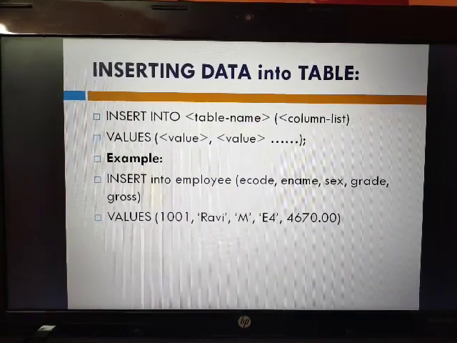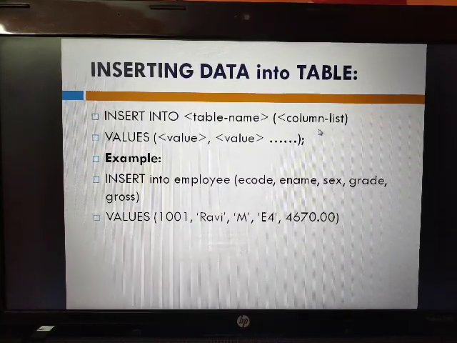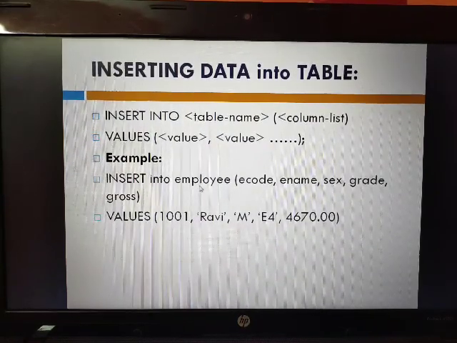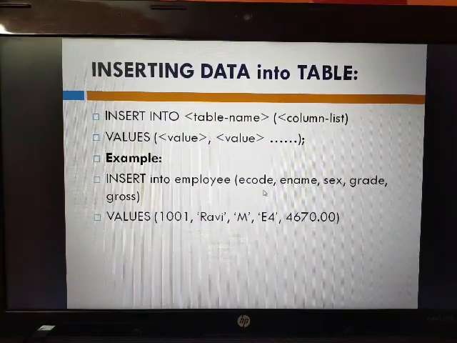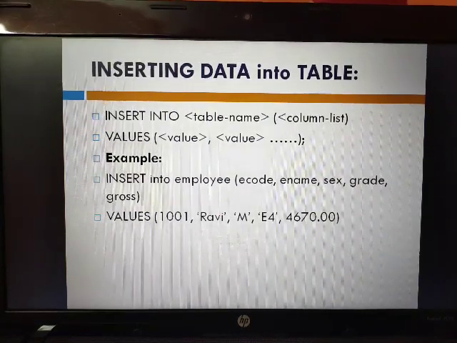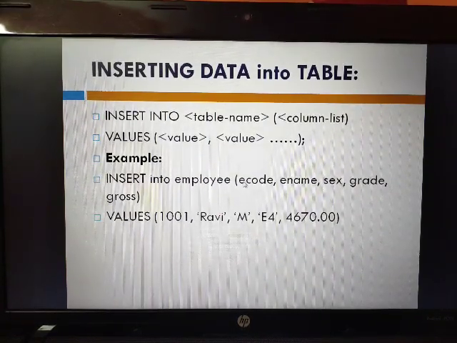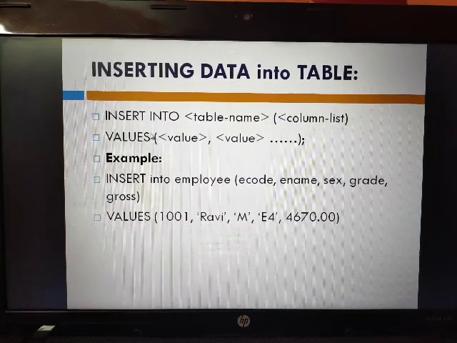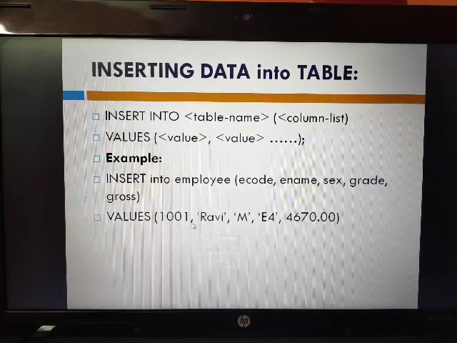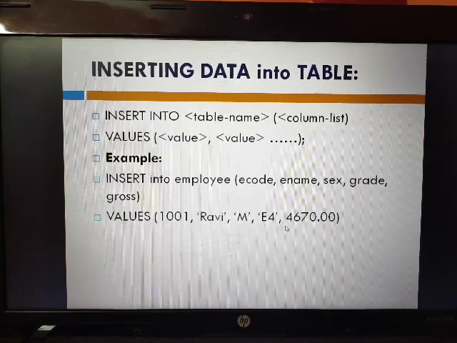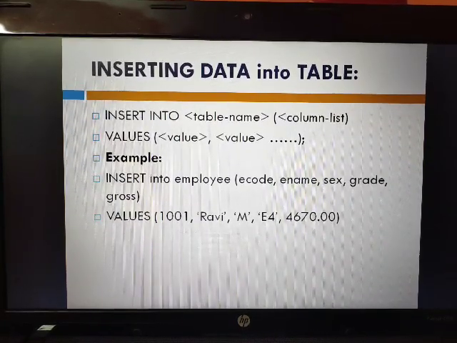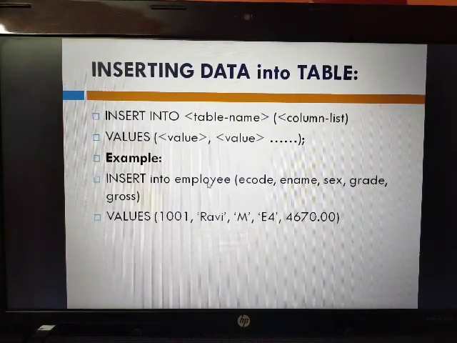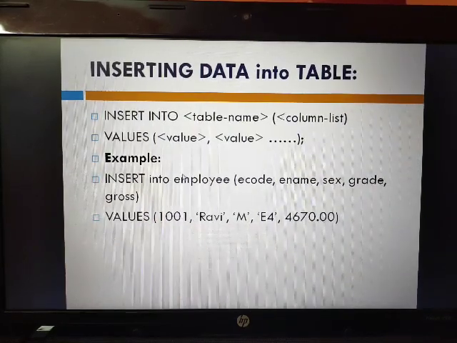So: insert into table name, that is insert into employee, then in brackets ecode, name, etc. You can also leave these out. Second is values, which is important: values 101, Ravi, M, E4, and so on. So this is your one row. You have created one row in table employee using the insert into command.